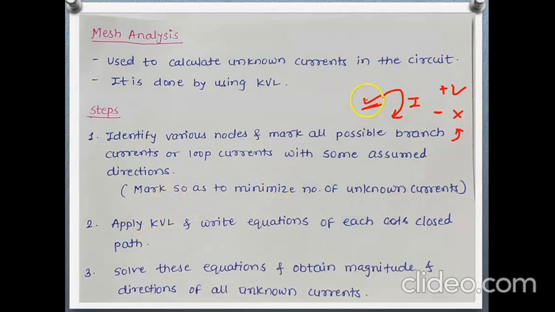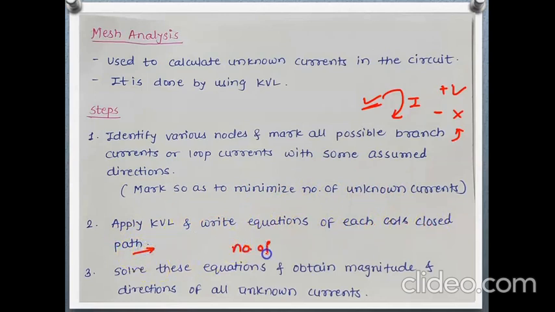While marking these unknown currents, we have to mark the currents such that the number of unknown currents will be minimum, so it will be easy to calculate. Then apply KVL and write equations for each closed path.